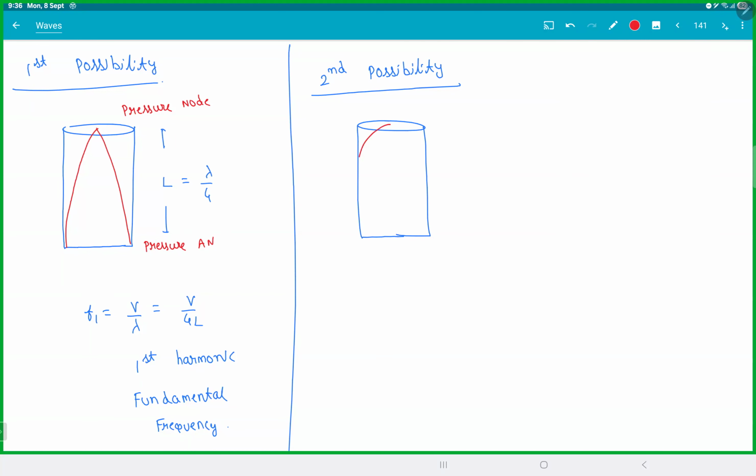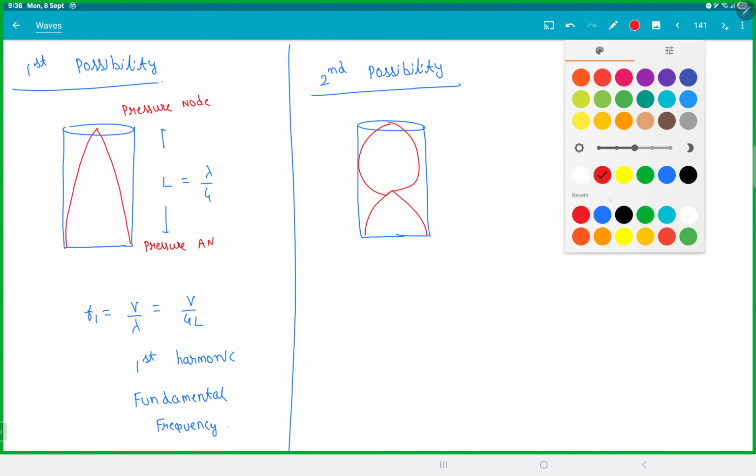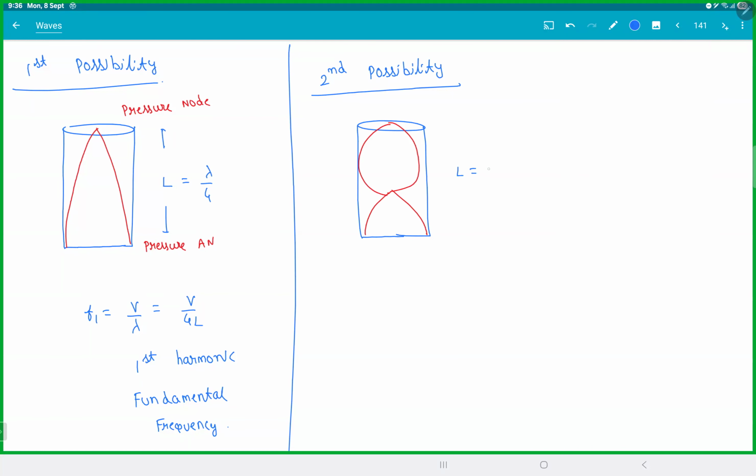One and a half loop. This will be F3 is equal to 3v by 4L, which is 3F1. You can clearly see even harmonics are missing.